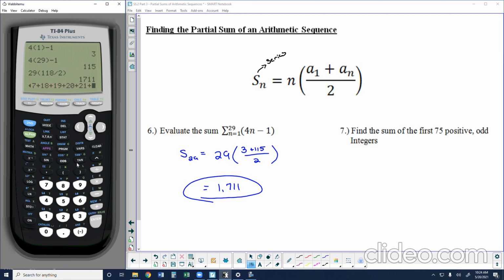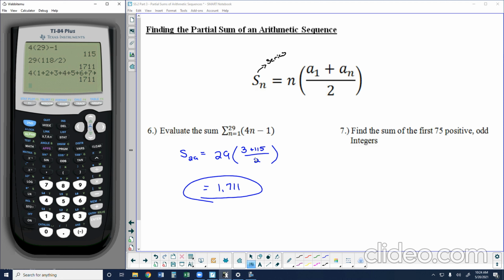So we're putting in each of the 29 numbers. Hopefully I don't make a mistake here. So 4 times each of the first 29 numbers added together, and then minus 29 times our constant at the end, 1. I just quickly went through all of the properties for summations, and we get the same number.